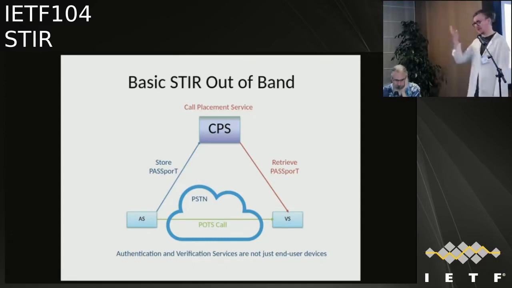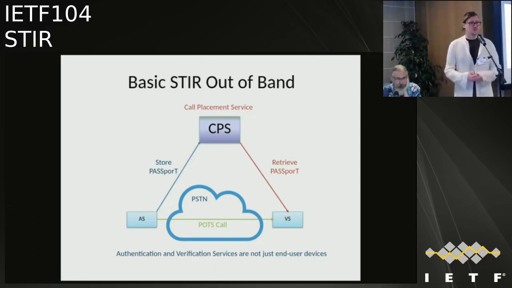This is how we came up with the basic STIR out of band architecture, which has this concept of a CPS, a call placement service, a place you can store a PASSporT from an authentication service or maybe even a gateway. If calls go through some non-SIP network, there's a potential that they could be retrieved from the CPS by a terminating verification service, and you could still get something like the assurance of PASSporT and baseline STIR. Seems like a really cool idea.